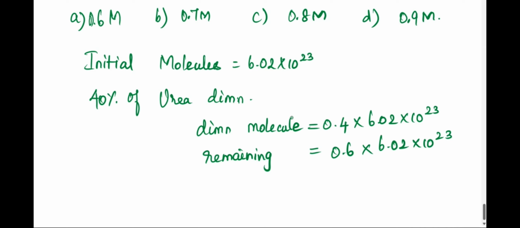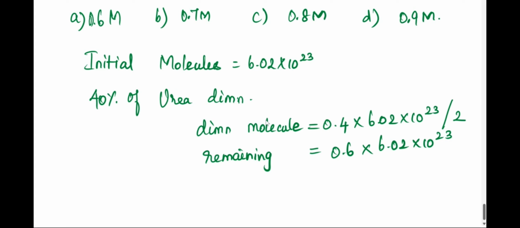Here, the point to be noted is what happens upon dimerization. It forms one single molecule with 2 urea content. So for the molecules that got dimerized, I have to divide by 2 to get the number of molecules being formed.